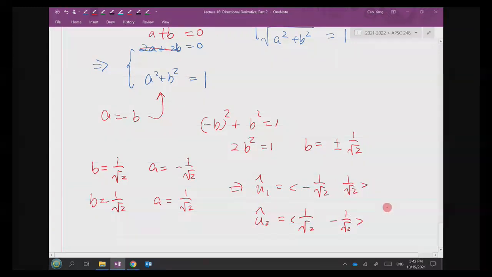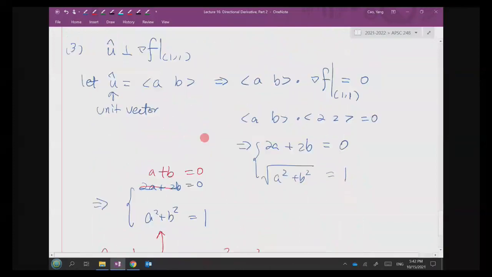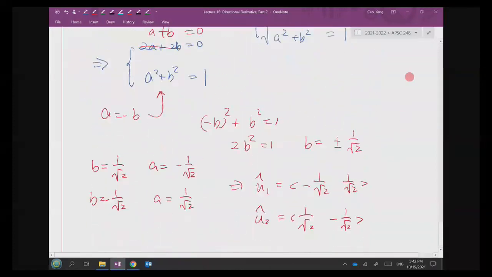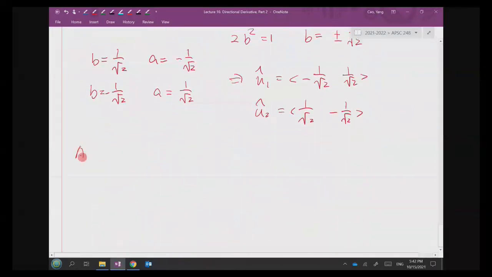Okay, good. So this is the analytical approach to solve for the u hat direction. Now alternatively, I want to show you one more approach. This approach may not work well for some of you. It does require a little bit of observation, but this should be a very simple observation.